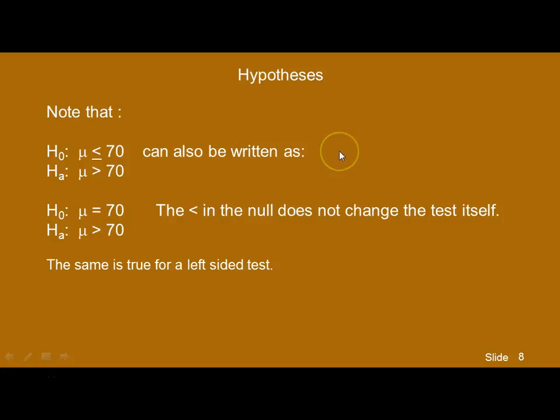That is, we would perform the test in the same way. What really matters in the null is that equals part. That's going to be our specific testing point. I often like to say up here that the less than sign is just sort of along for the ride. They both have the same alternative hypothesis. They both have the same research hypothesis. And the same would be true for a left-sided test.